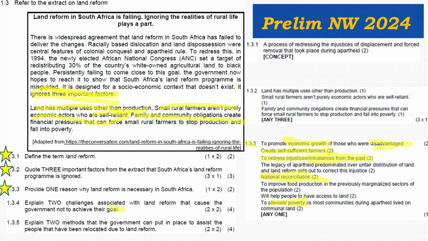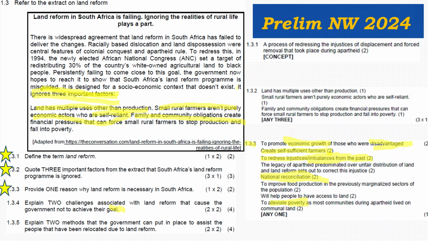There can also be disagreements between the government and traditional leaders, because traditional leaders also have an influence on the land. From our case study, we say South Africa's land reform program is misguided. It is designed for a socio-economic context that does not exist.